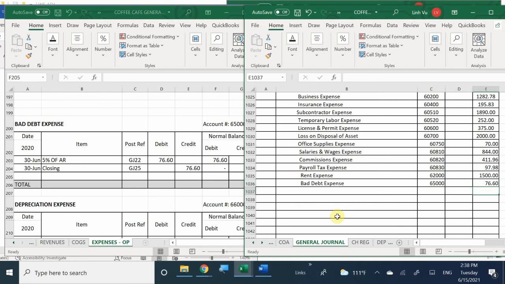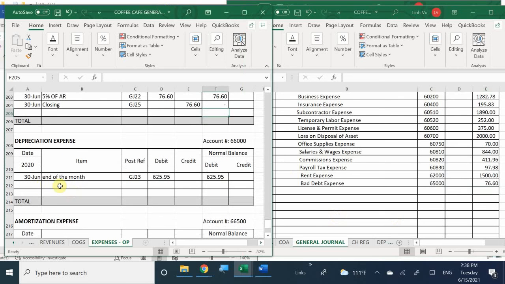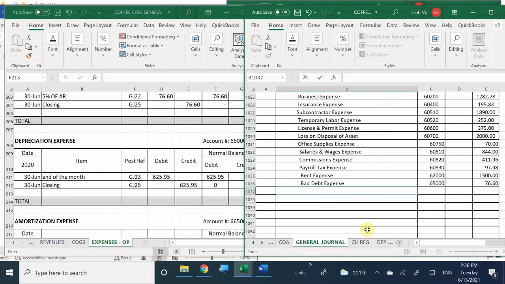For 76.60, okay. Depreciation expense for 625.95.